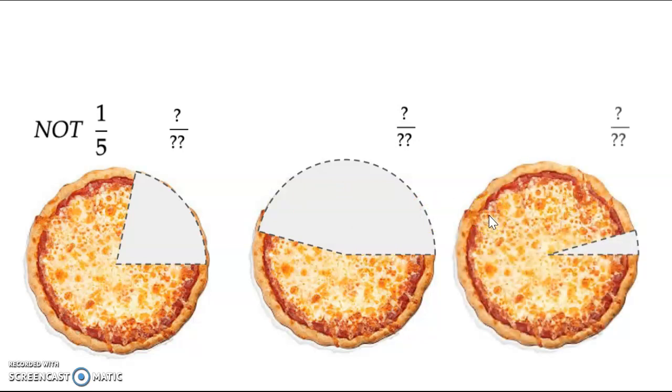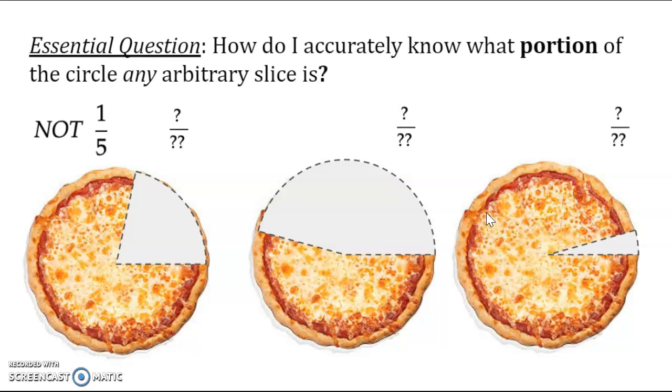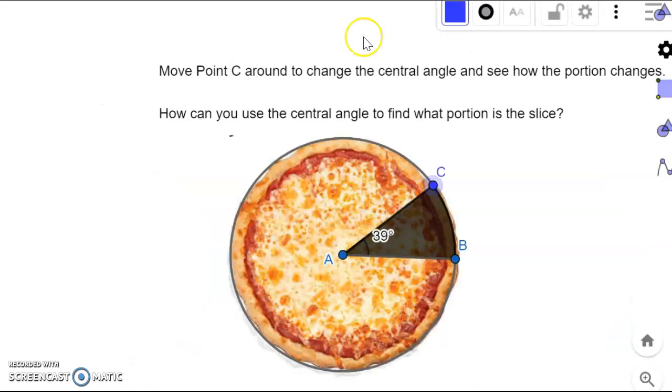What about this? What is the missing piece? The essential question we want to ask is, how do I accurately know what portion of the circle any arbitrary slice is? To do that, we are going to be exploring this GeoGebra activity.